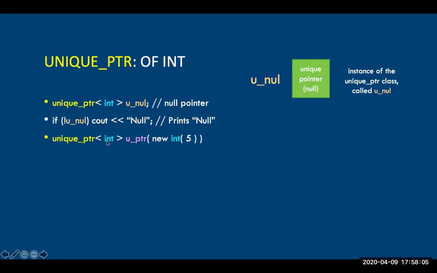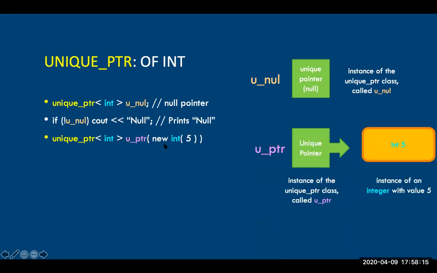Now contrast that to this case, very similar, another unique pointer, but we're going to pass in a new int with a value of 5, right? So this thing is now going to be managing on the heap a pointer to int 5. And if you had that same pointer to that same chunk of memory somehow, and you were to try to feed it to another unique pointer, it would cause us some serious problems.